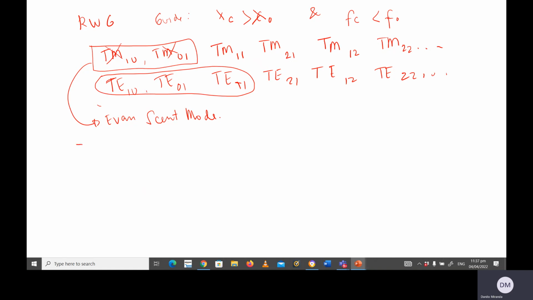All right. Let's continue. Now, how about the intrinsic? Pabalikan natin ito. The intrinsic wave characteristic impedance of the rectangular waveguide.